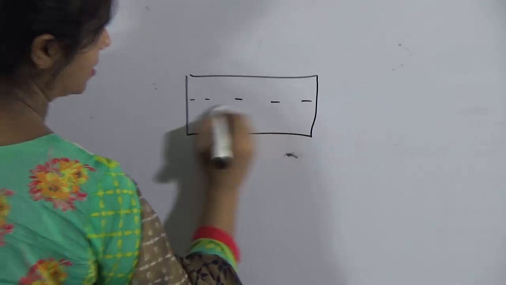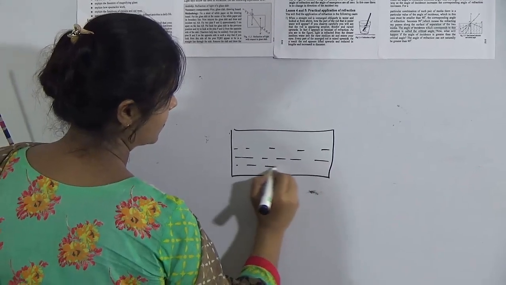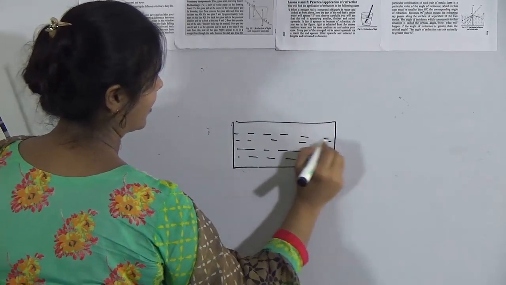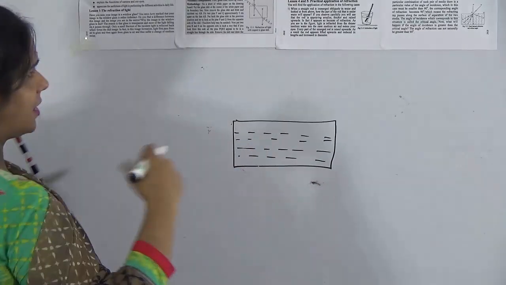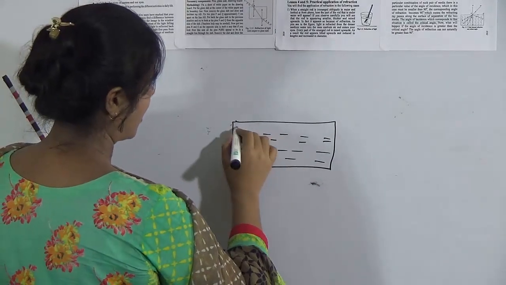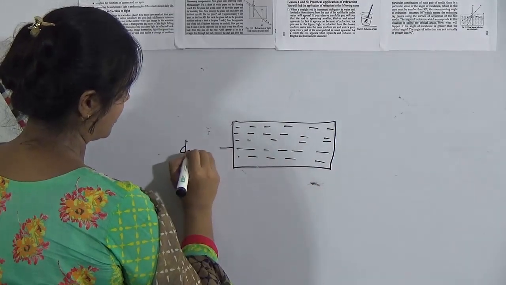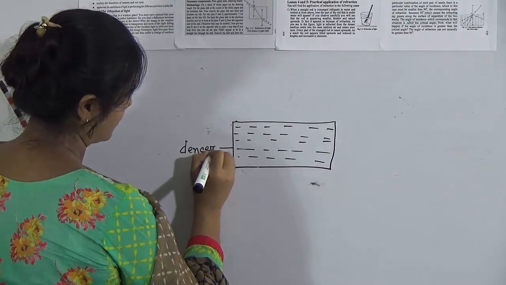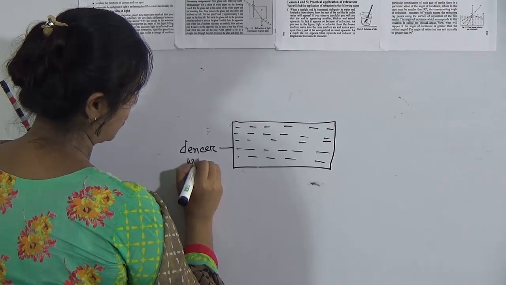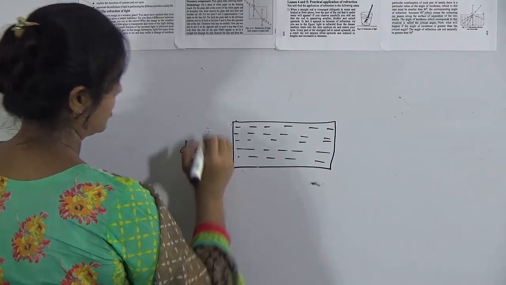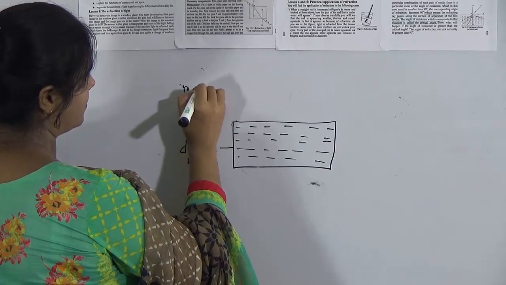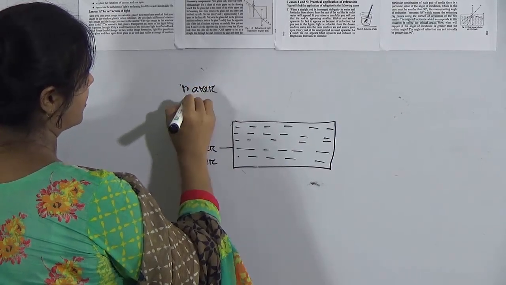This is water, and the condition is that light must go from the denser medium, that means water, to the rarer medium, that means air.